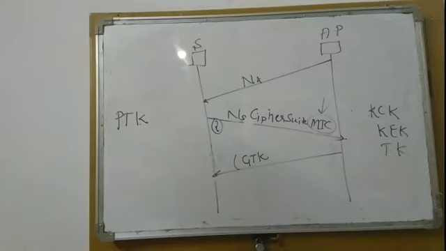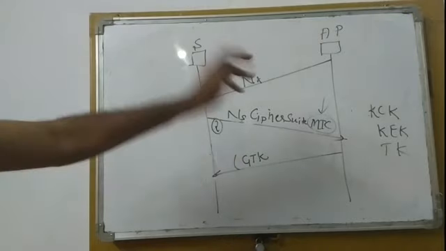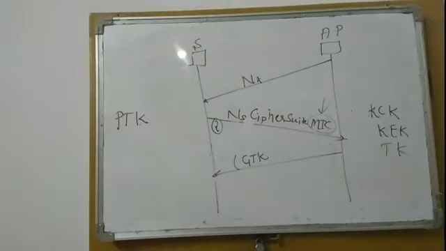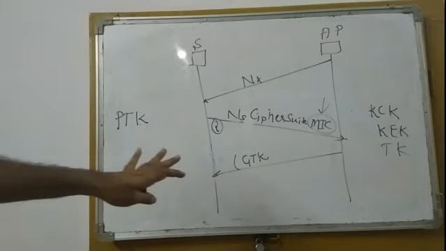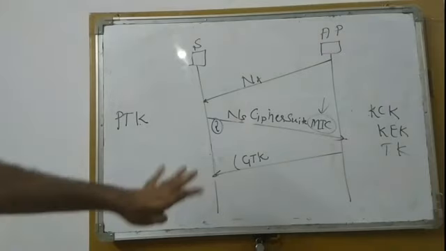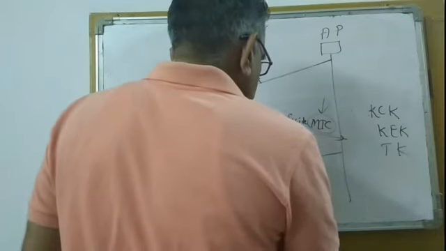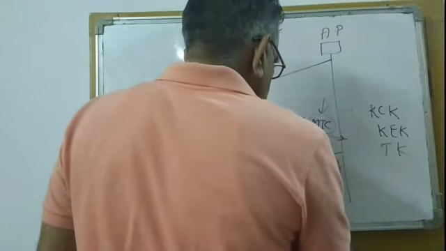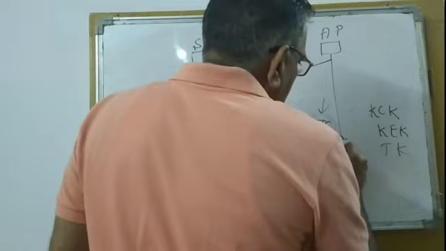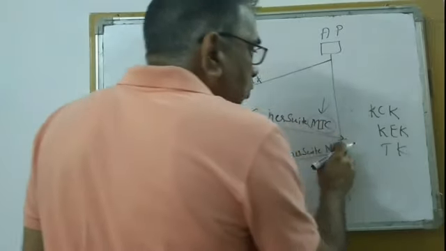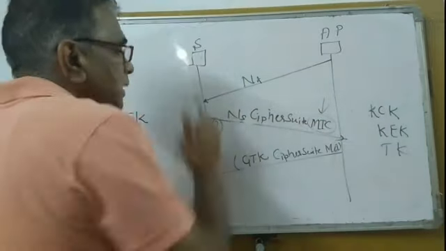As I said, this is meant for helping the AP and the stations to communicate in a broadcast manner. So it contains broadcast keys, then the cipher suite, then it also generates MIC to confirm that it is an AP to a station.